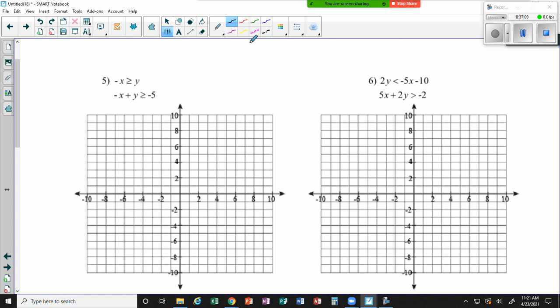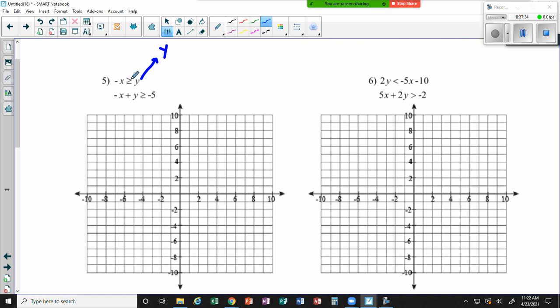Now, careful with number 5. This first equation's already got y solved for, but it's not usually the way we do it. Right? So for number 5, I always want to read this from the y. So I can rewrite this as y is, what sign is facing towards y?